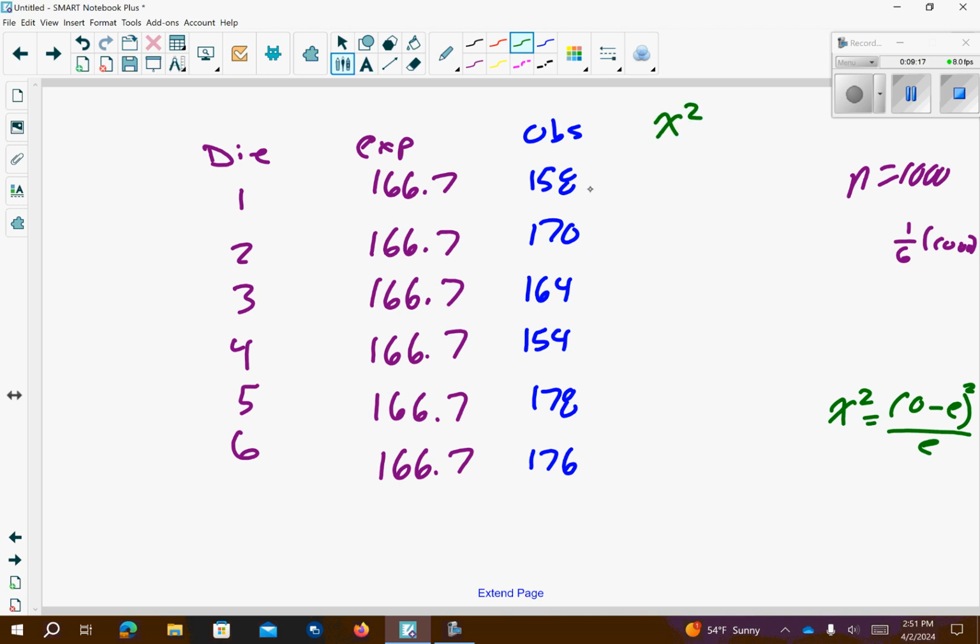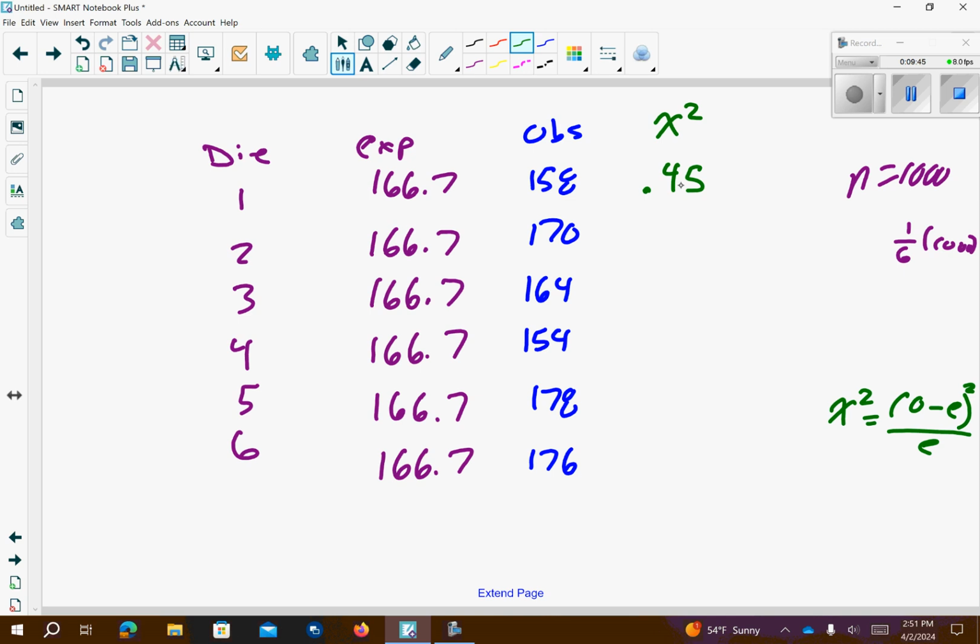So I'm going to go observed: 158 minus 166.7. I'm going to square that. So that gets 75.69 divided by my expected. So this gives me 0.45. And then next one is going to be 170 minus the 166.7. Square that.